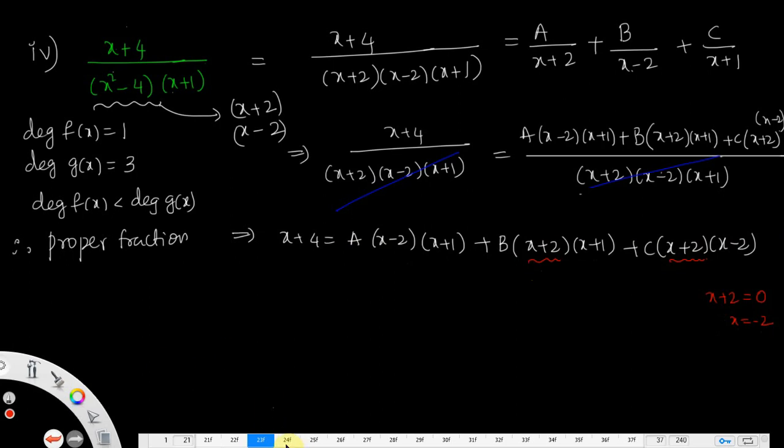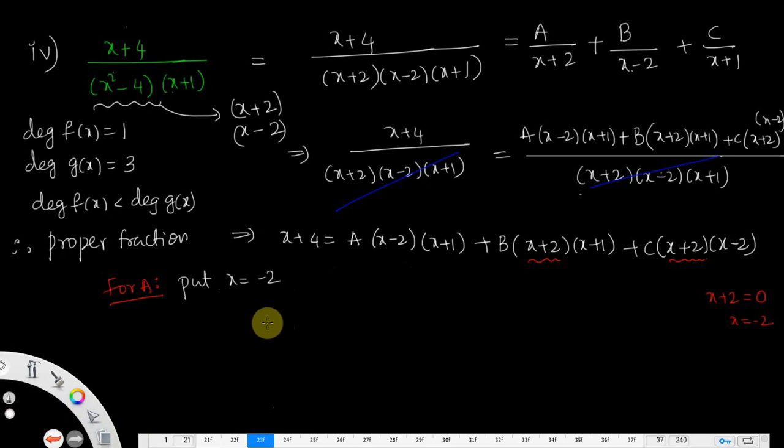This is a simple basic step. Then simply think that for the value of a, put x equal to minus 2. This is the basic step.